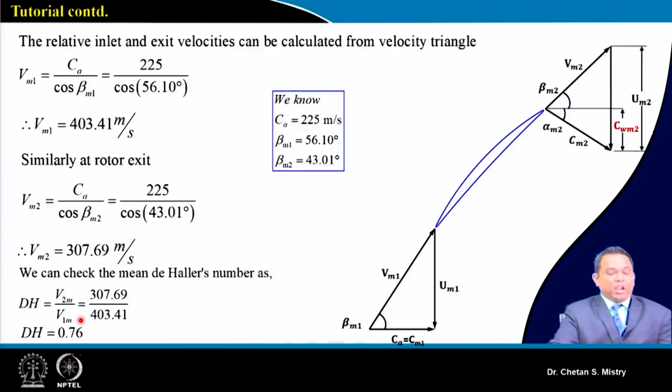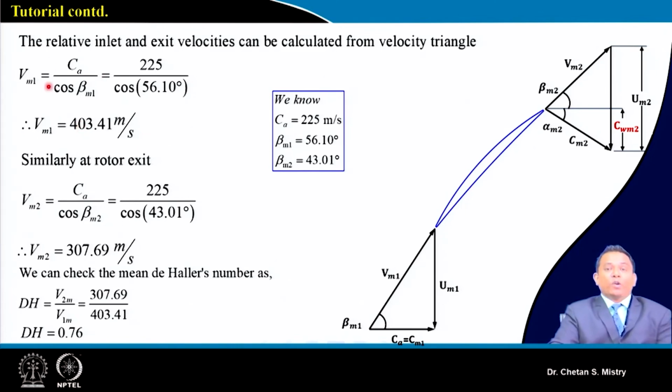Now the next parameter we are interested in is the de Haller's factor. In order to calculate it, we need the relative velocity components at the entry and at the exit.